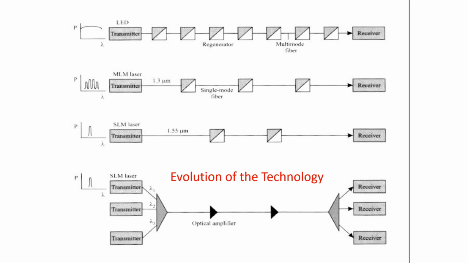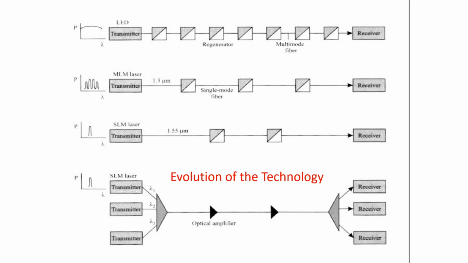For the 1.55 micrometer window, a single longitudinal mode laser is used. Because of that, only one mode is higher than the threshold. Because of this, the line width is precise and the transmission distance increases. Similarly, the number of regenerators is less and cost is less.